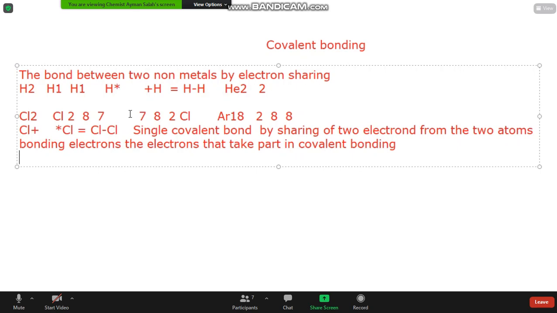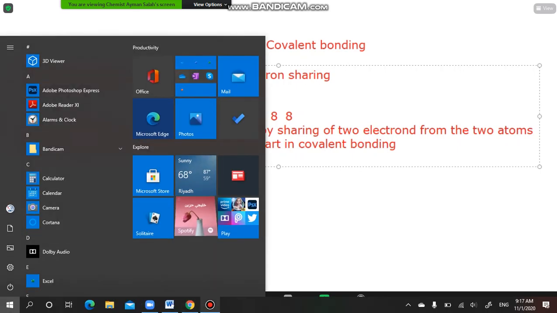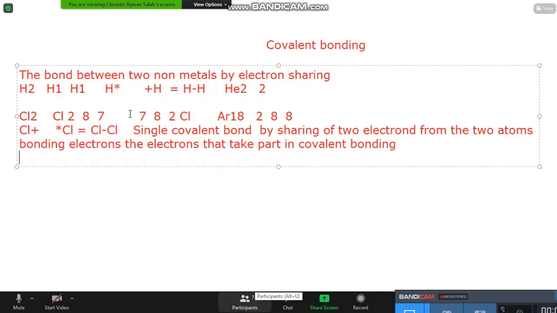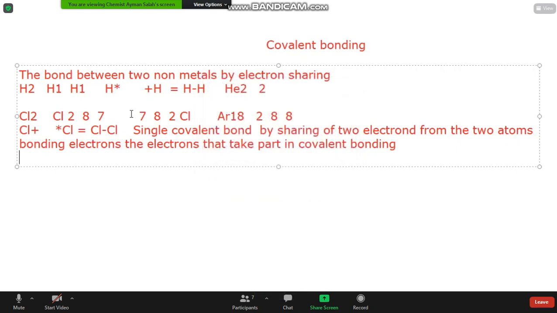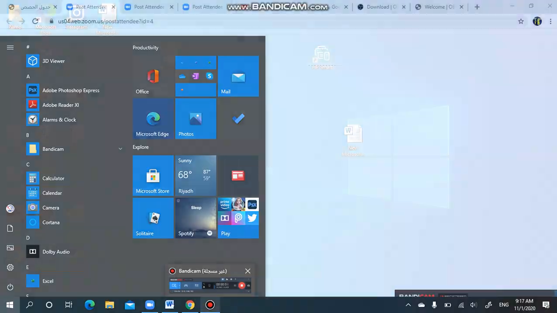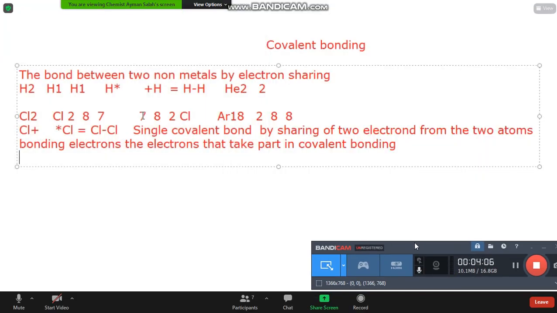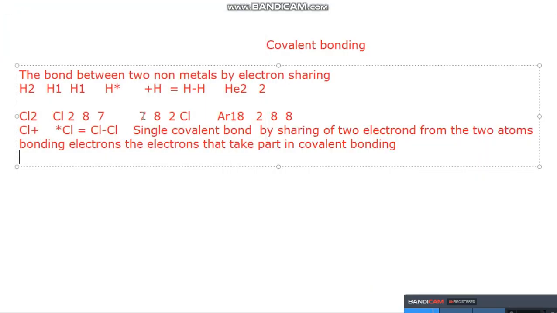Faris, we have Faris? Yes. Chlorine contains 7 electrons in the outmost energy level. One electron from each atom is shared in covalent bonding. Right. What about the other 6?